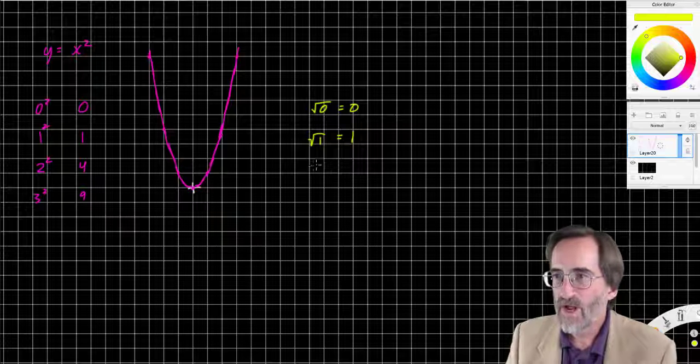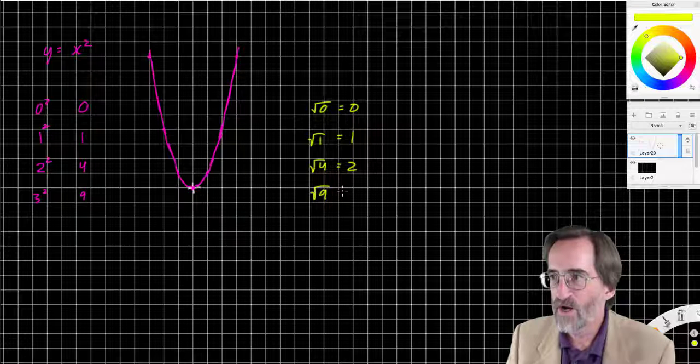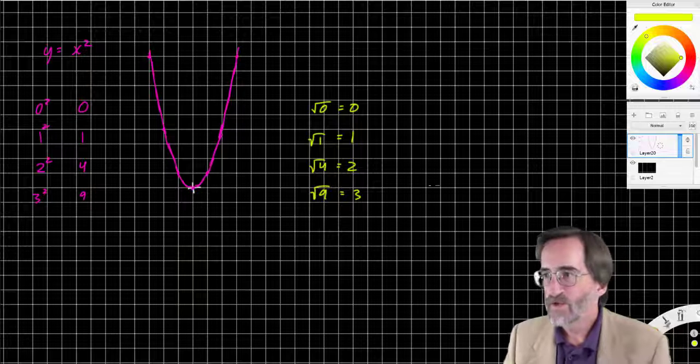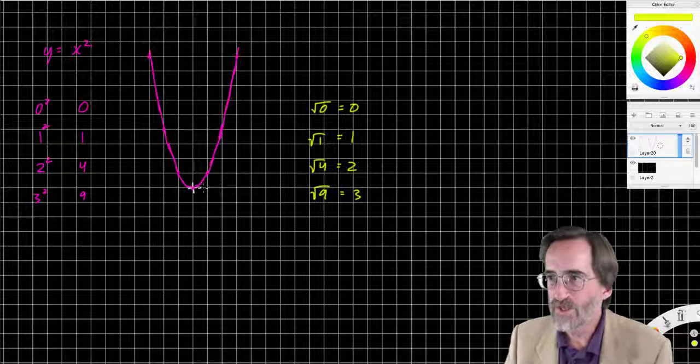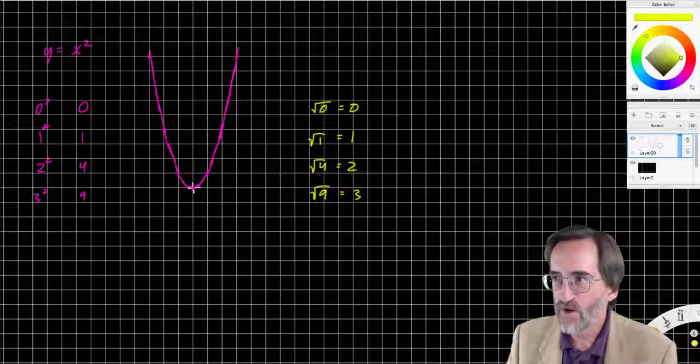Now for going backwards, the square root of 4 is 2, because 2 times 2 is 4. The square root of 9 is 3, because 3 times 3 is 9. So if I were to graph in the same coordinates these points: 0, 0, starts at the same place, 1, 1, so far the same, 4, 2, 4 to the right and 2 up.